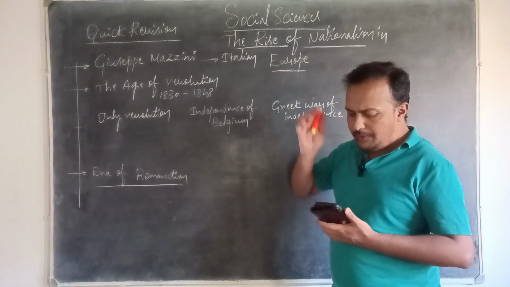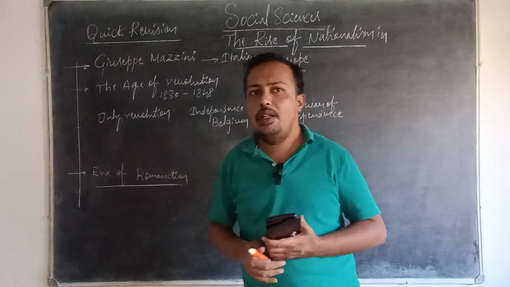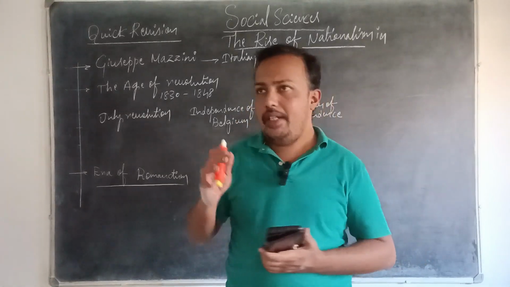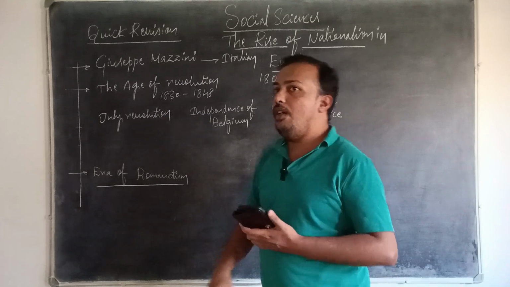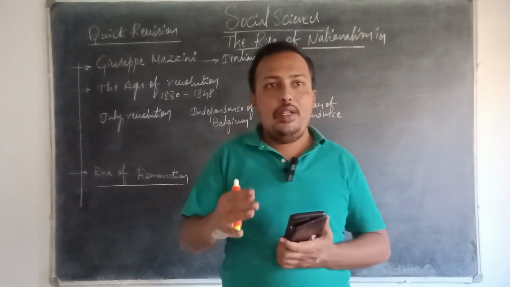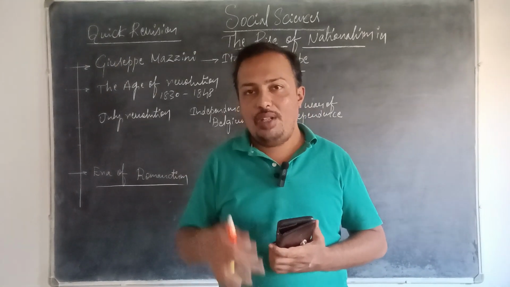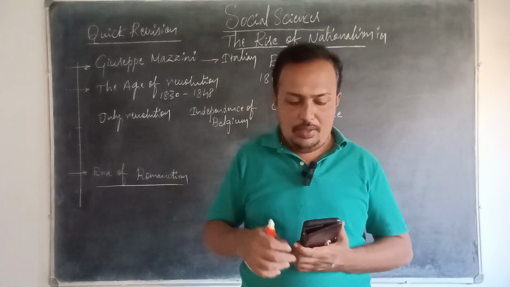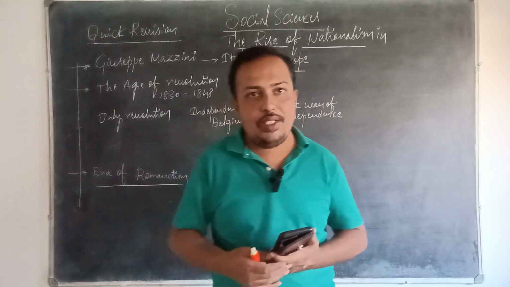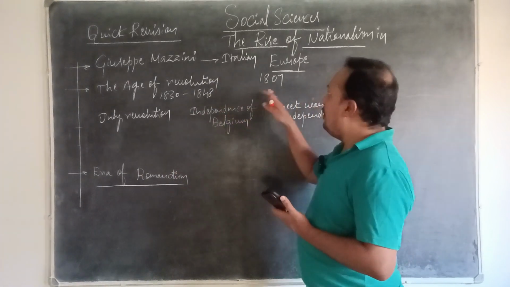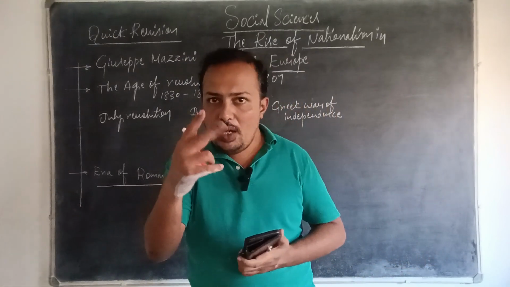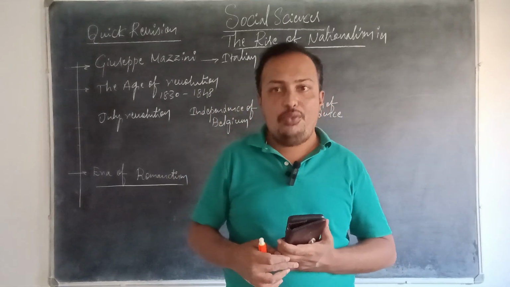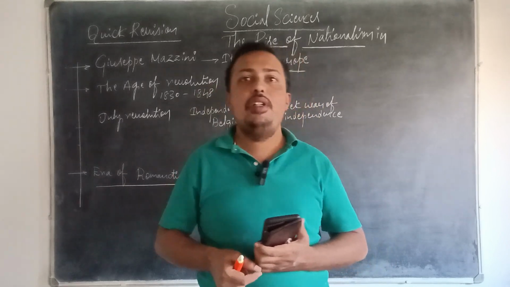He was born in Geneva in 1807, and he was exiled from Italy for his revolutionary activities. He was sent out from the territories of Italy for his revolutionary activity. He was exiled, and two secret societies were founded by him, which is very important to note.